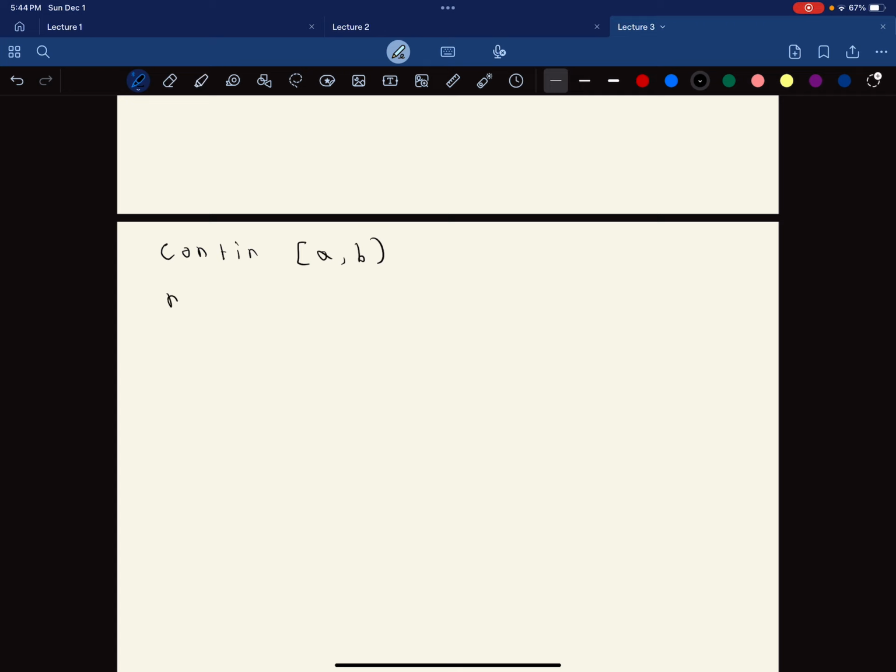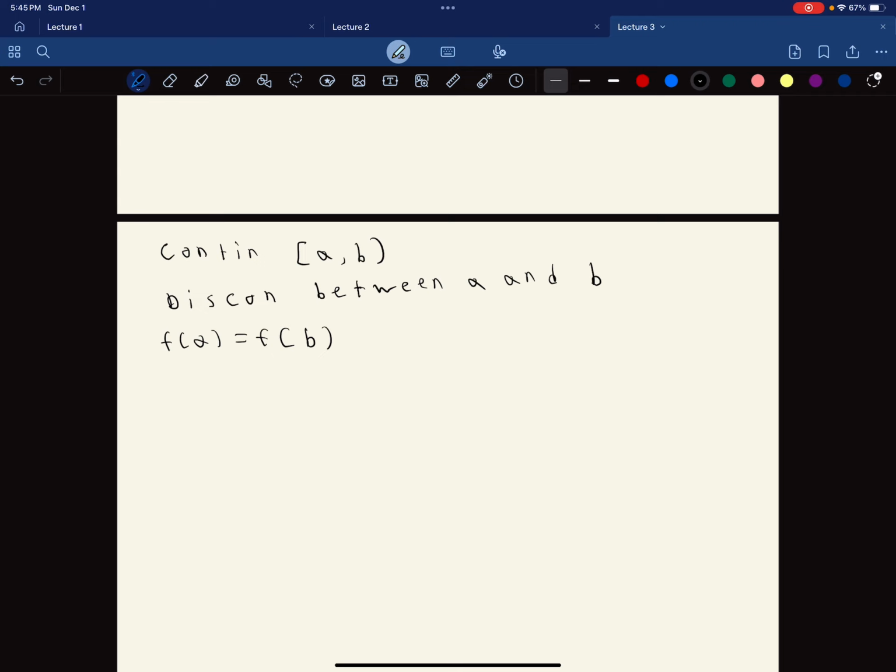If it's discontinuous between a and b, this theorem could fail. And if f(a) is equal to f(b), that does not imply that there exists c between a and b such that f(c) equals a number n.